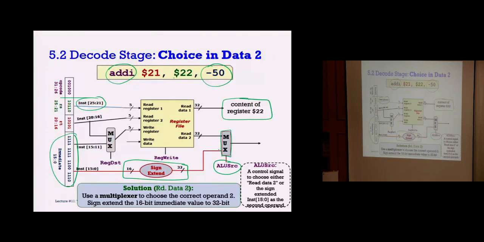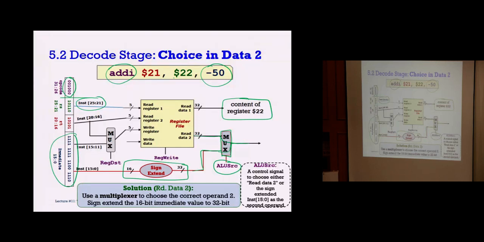Why? Because I know I need to do an add operation, but in this case, I must now differentiate between register add or immediate add. So when I look at the opcode here, I must know that this is an immediate instruction. Correct? So if this is an immediate instruction, then it is the 16-bit data that must go through. If this was a normal register instruction, then it is the register file data that will go through.